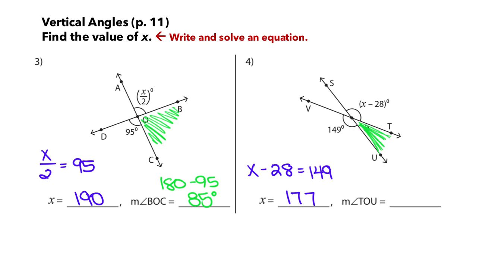Juju, 31. How did you get 31 degrees? I did 149 plus 149, which is 298. And then I did 360 minus 298, divided by 2.